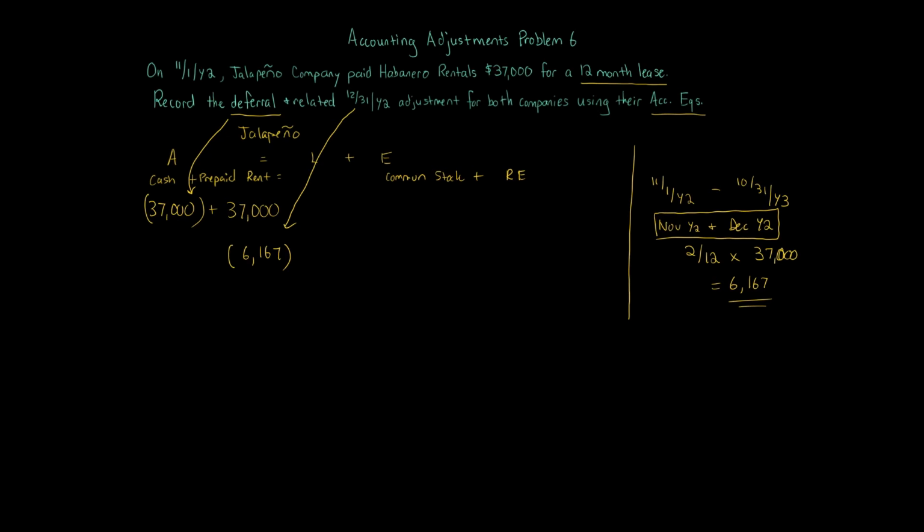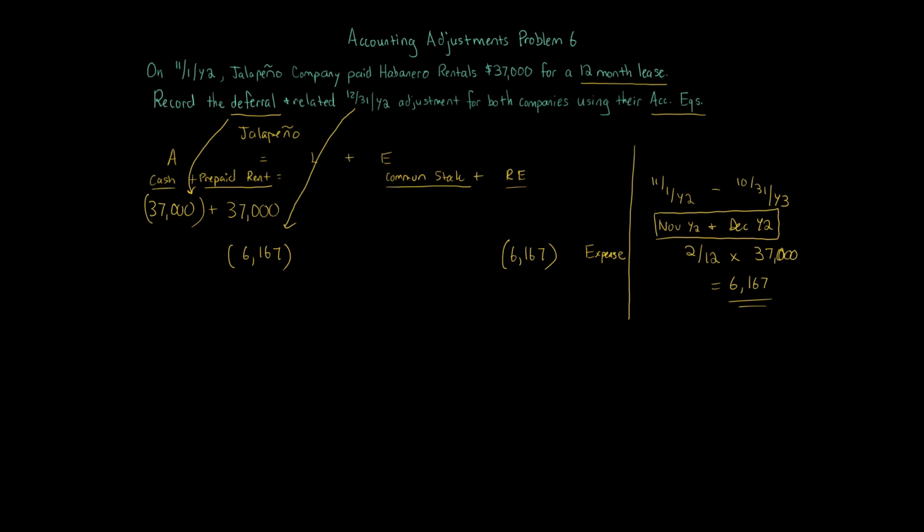Then on the equity side, no effect to common stock, but retained earnings, we're going to have a decrease of $6,167 because we're going to record rent expense. We're going to record an expense for $6,167.